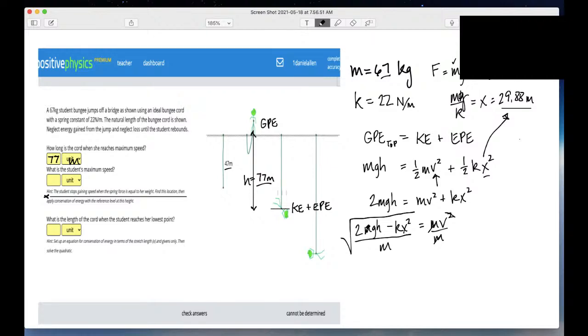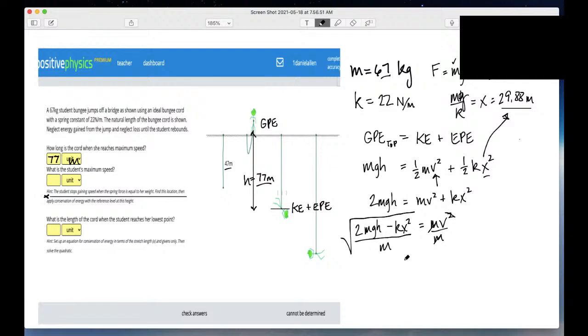So we take that 2mgh minus kx squared, and we get 81,414.5. And then divide that by 67, which is the mass of the jumper. We get 1215, and we take the square root of that number, and we get 34.86.